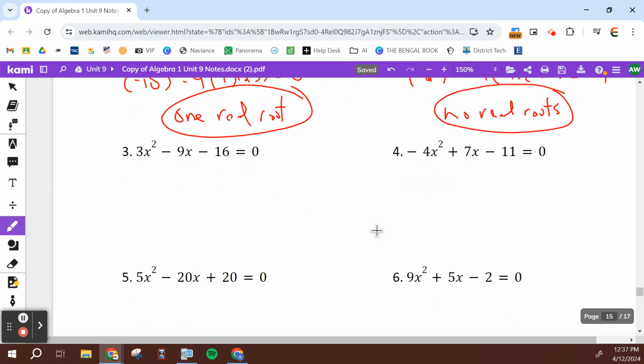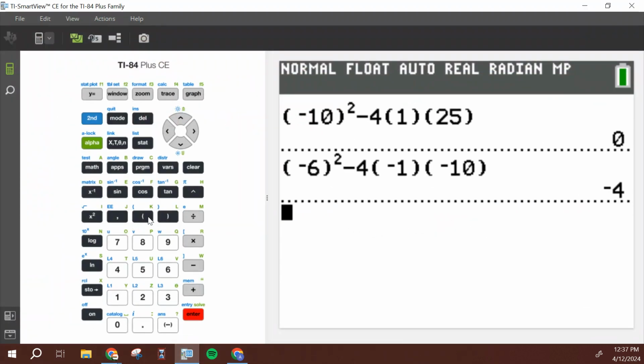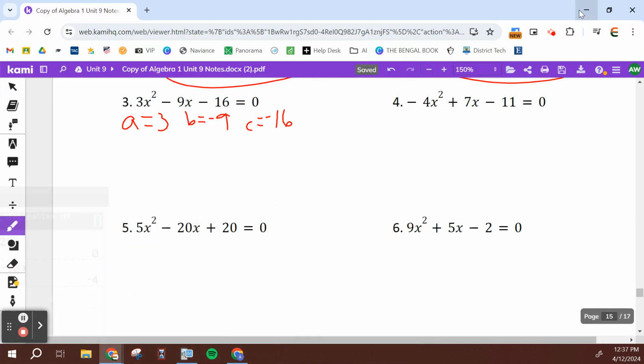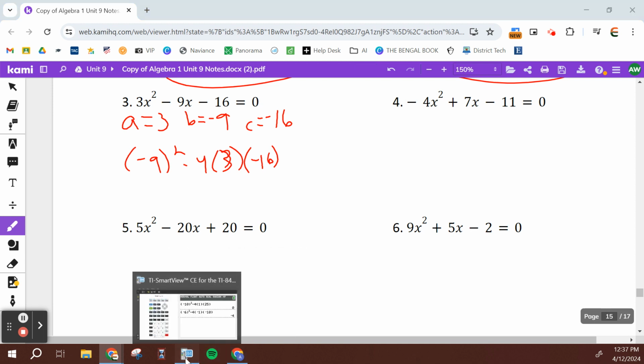Okay, going to 3. Writing down my A, B, and C. A is 3. B is negative 9. C is negative 16. So I'm going to plug these in. We have negative 9 squared minus 4 times A is 3 and C is negative 16. So let me get to calculator.